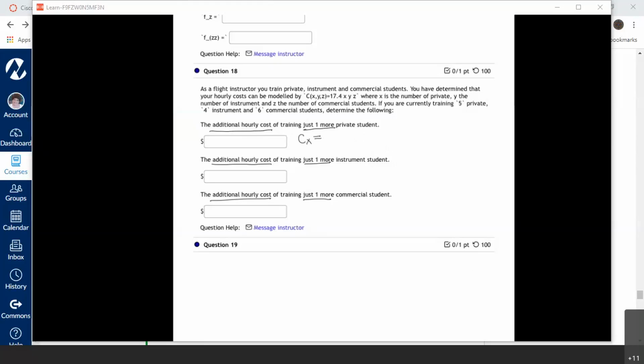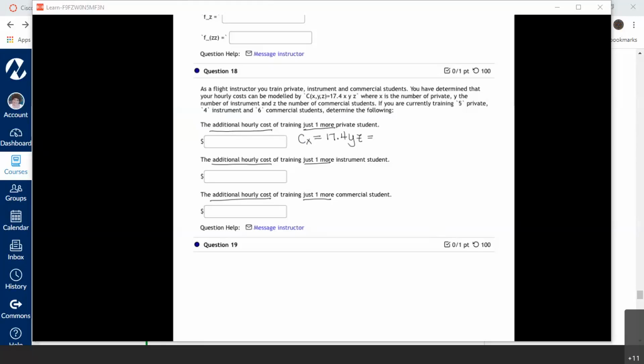And I'm going to differentiate this equation up here with respect to X. If X is the only variable, when I differentiate here, X turns into a 1, and 17.4, Y and Z come across as just coefficients. So there's my partial derivative.